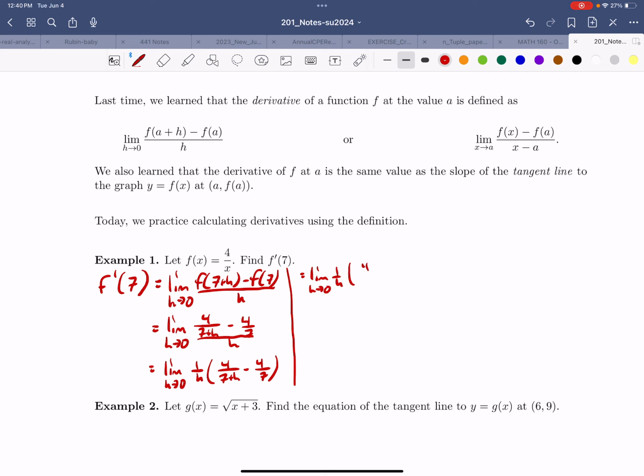So we're going to get 4 over 7 plus h times 7 over 7, minus 4 over 7 times 7 plus h over 7 plus h.